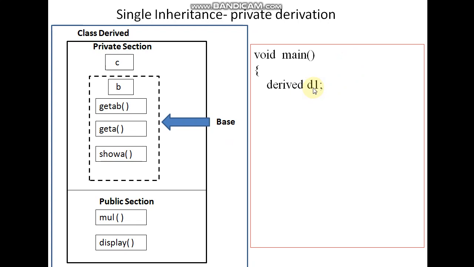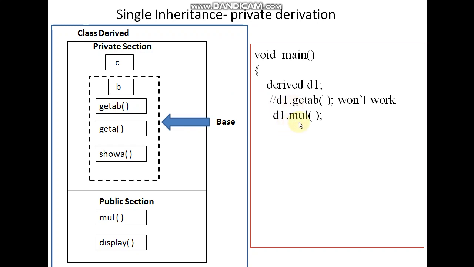We are going to create an object of the derived class. Now we will not be able to call the getAB function as getAB is private to the derived class. We cannot call it outside the class.